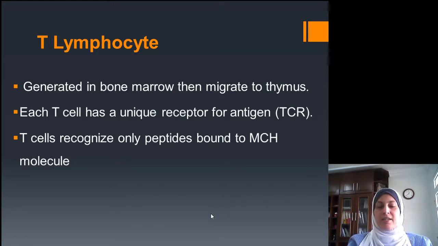It can recognize different types of antigens, whether peptides, polysaccharides, lipids, any type of molecule. But the T cell recognizes only peptides that are bound to MHC molecules. So these are the differences between T and B cells.